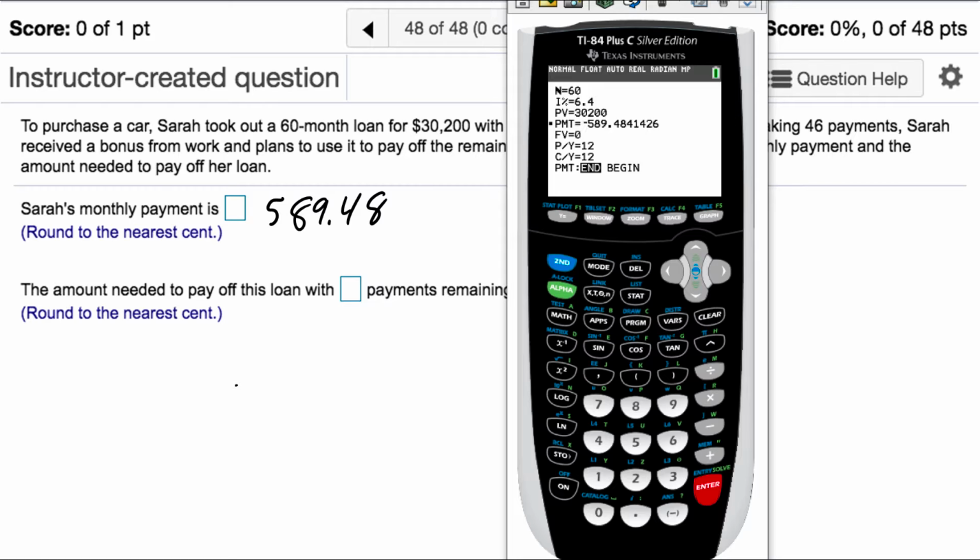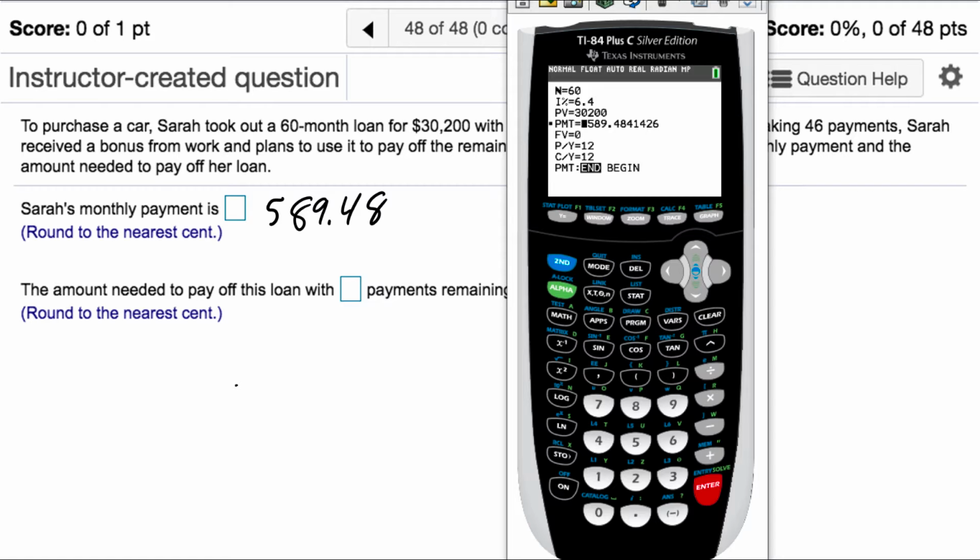That's the monthly payment that Sarah is going to make. Well, she would make it 60 times if she wanted to pay off the loan by just making that monthly payment. But she wants to pay it off after making 46 payments instead. So what we can't do here is just multiply that $589.48 payment times 46 to see how much she's paid and then just subtract that from the $30,200.